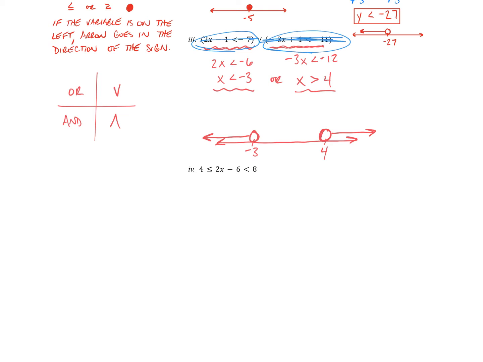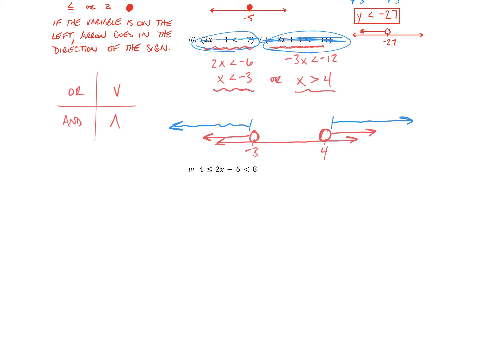The other way that I can write this out is in interval notation. So I would say my solution is all of the values from down here all the way up to negative 3, but not including negative 3, and then all the values from 4 in that direction. So how do I say that?